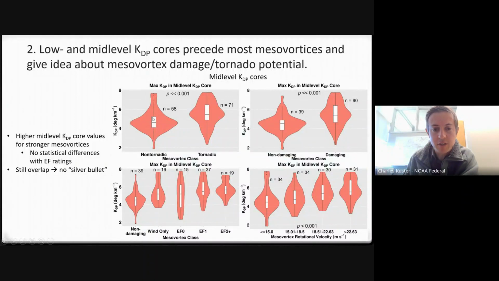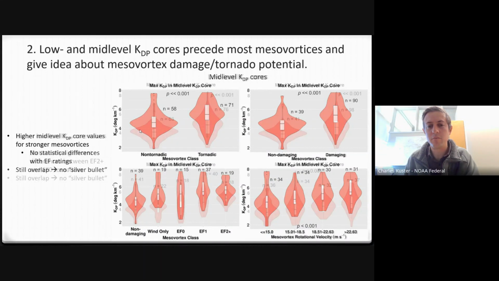That sits below the median for tornadic, so you could potentially miss some tornadic cases, but at least you're going to be out of the non-tornadic range. So if you see at any point a mid-level KDP core magnitude of, let's just call it, 5.1 or higher, that could be your confidence that this is more likely to be a tornadic mesovortex than a non-tornadic mesovortex. That's where I would try to build this in.